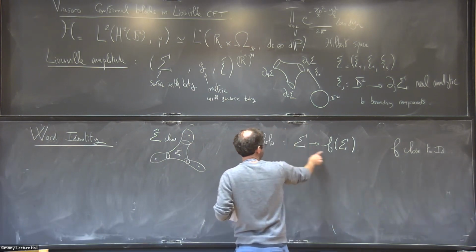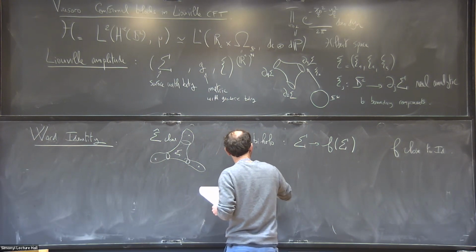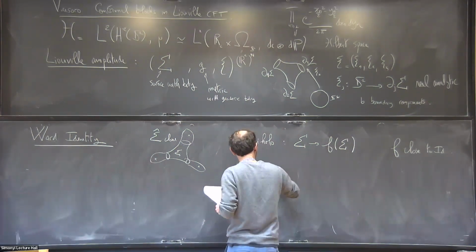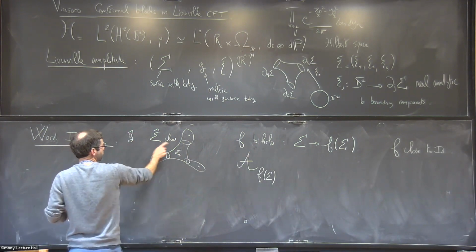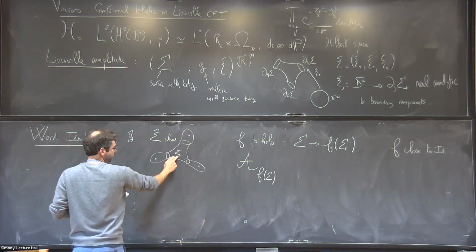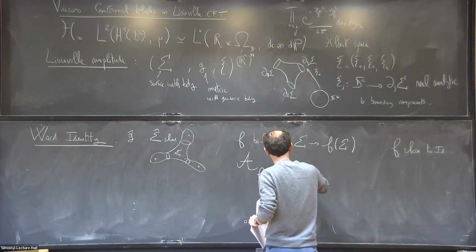Now, if you take such an f which is close to the identity, it turns out that if you compute the amplitude of f of sigma, with g hat a compatible metric on the closed surface, which restricts of course to sigma and to f of sigma, you can actually compare.